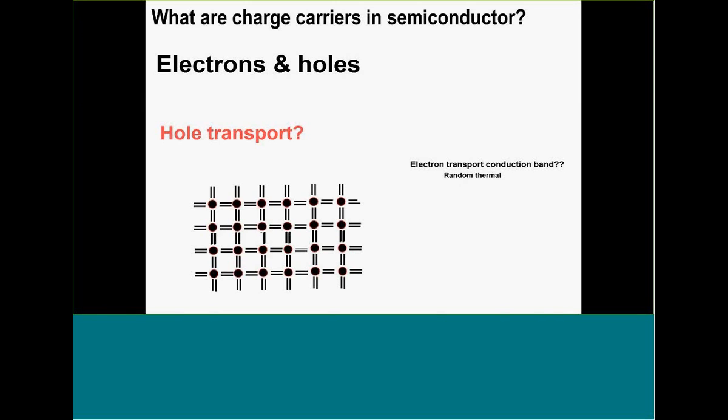Look at the animation slowly when you go over the recording. Please try to internalize it rather than just looking at it. Make sure that you can really see with your own eyes that the hole transport is essentially the opposite of the electron transport.